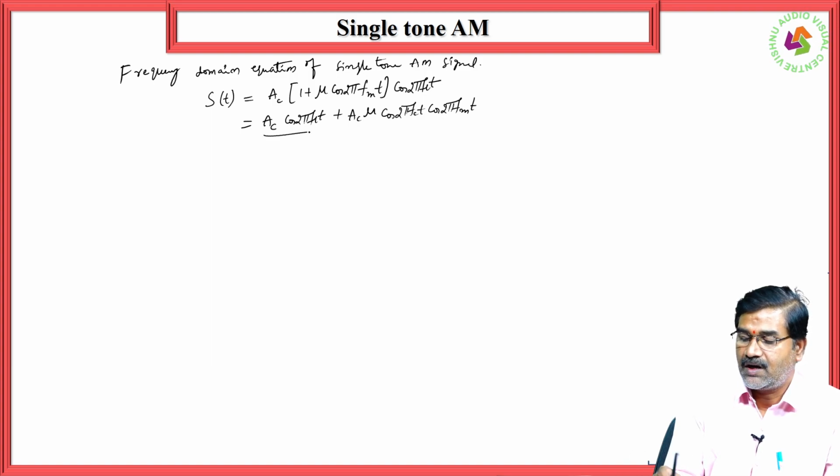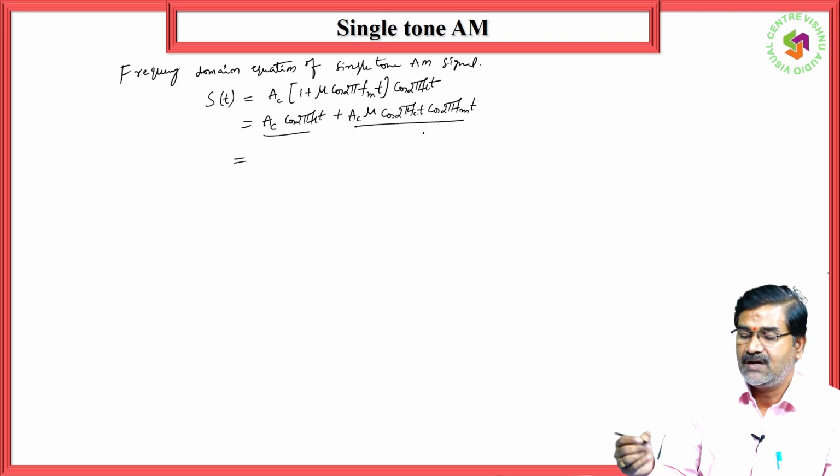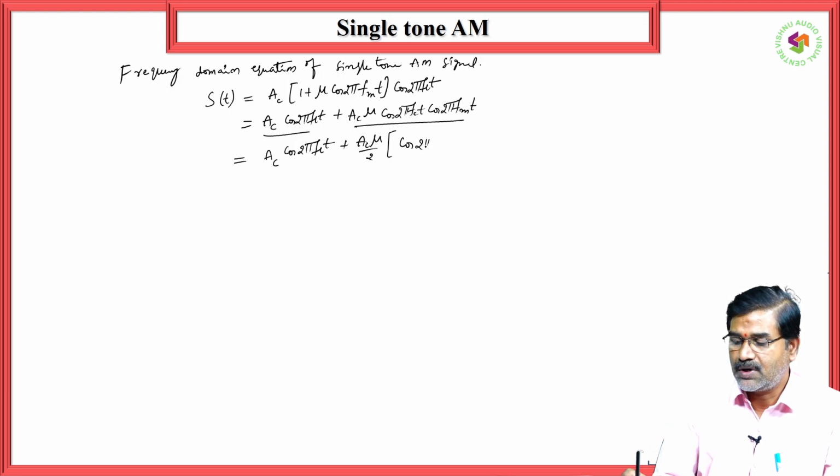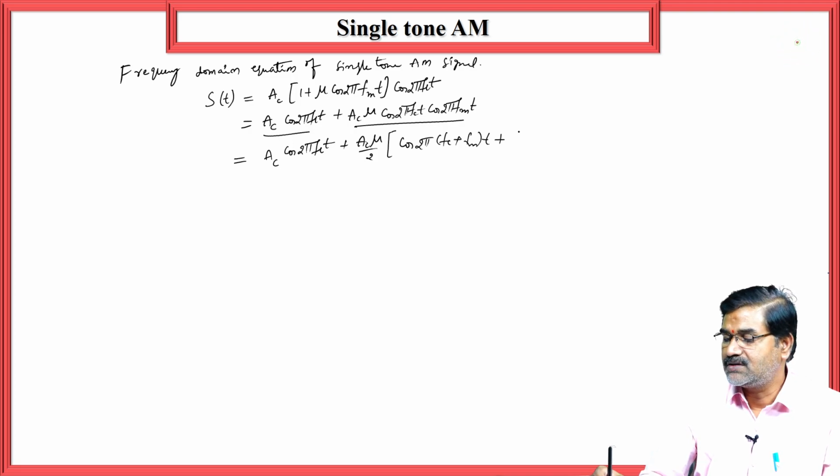Now here we have a carrier component, we have the sideband component. Since a multiplication of cosine signals cannot be represented as a frequency domain signal directly, I will split it into two summations, plus Ac mu by 2 into cos 2 pi (fc plus fm) t plus cos 2 pi (fc minus fm) t.